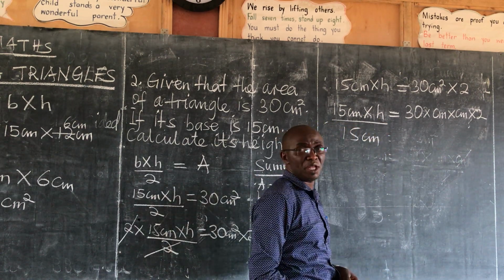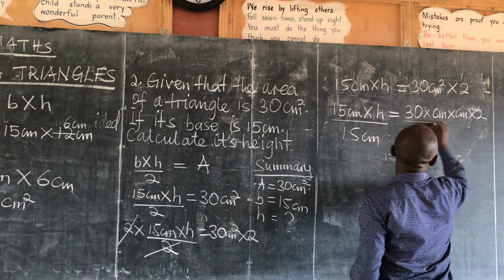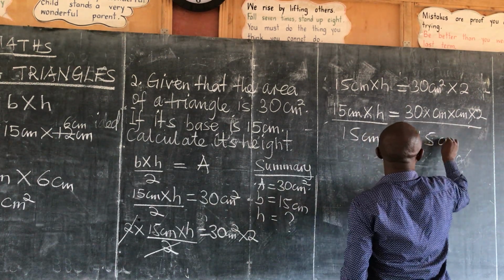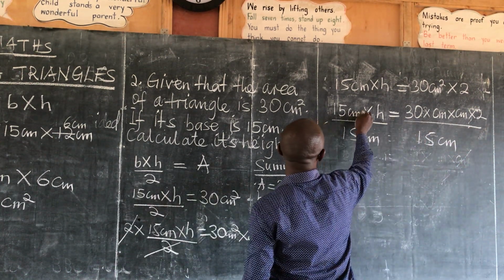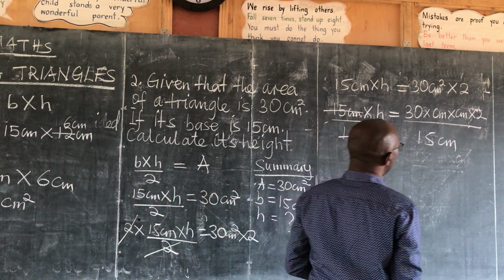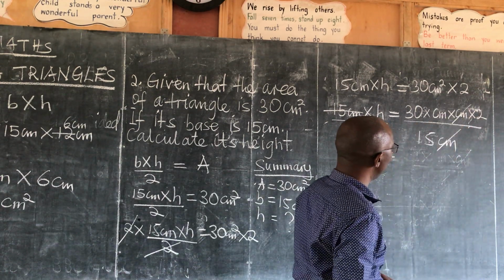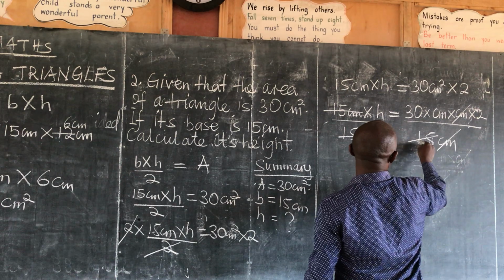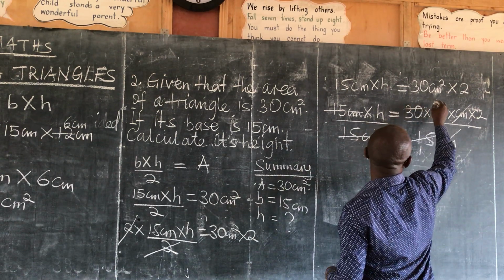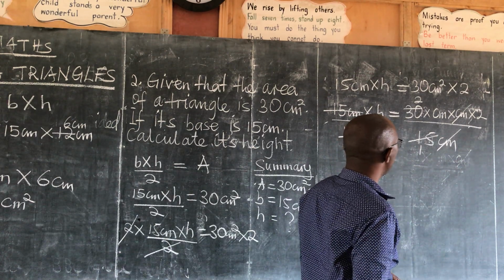Why do we divide by 15 centimeters? Because we want to remain with h alone, which is the height. Divided by 15 centimeters, this will go with that, remain with h. So we cancel, this unit will go with that unit. So 1 by 15, twice. Are we together?